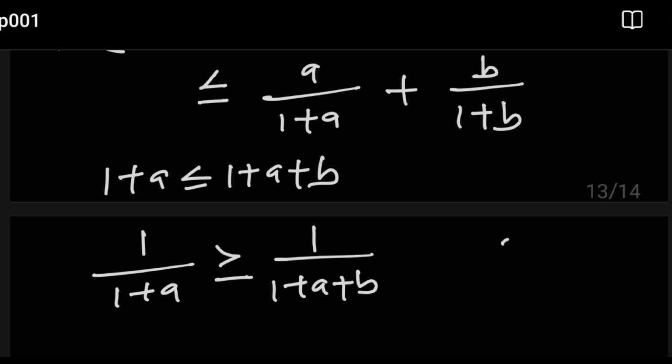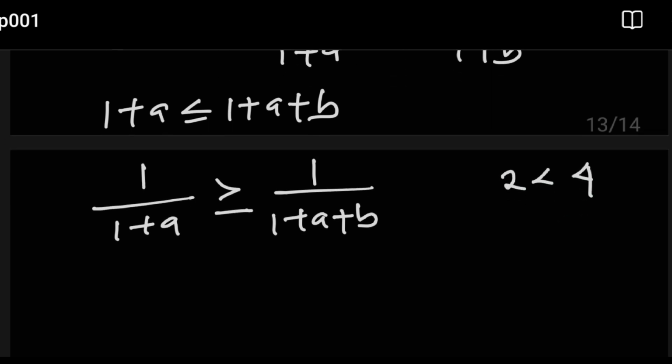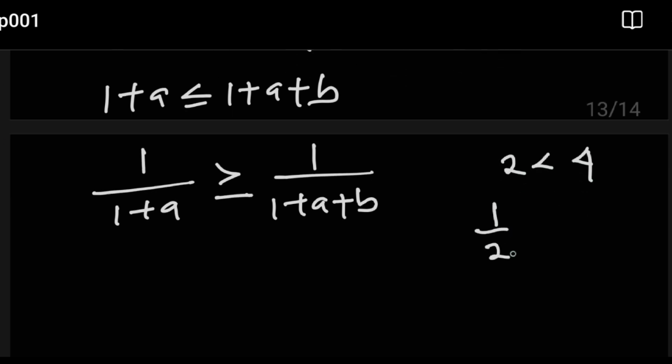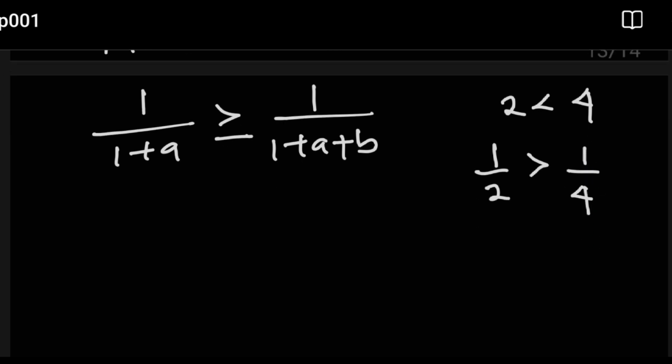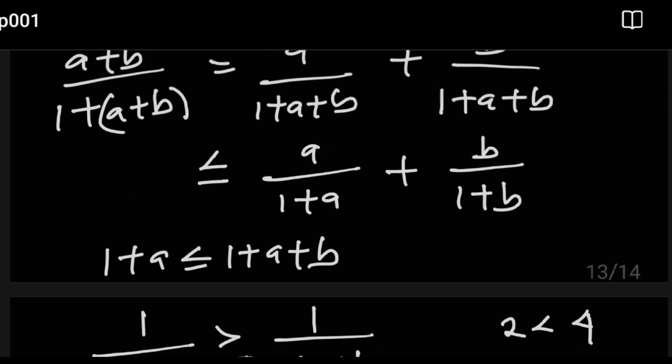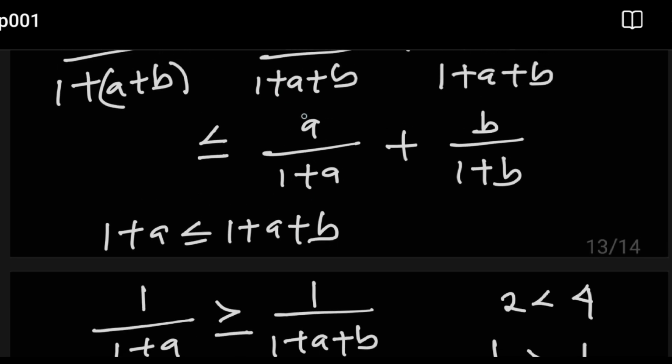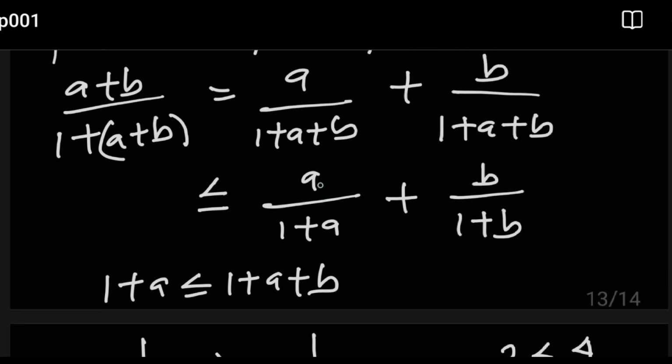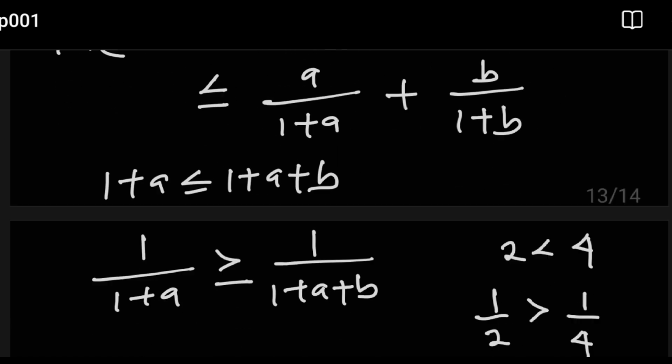Because if you have 2 less than 4, now 1 over 2 should be greater than what? 1 over 4, right? 1 over 2 is 0.5, and 1 over 4 is 0.25. So that is the property for reciprocal. All right, so we have this, and a is positive, remember, so the sign remains the same when you multiply.